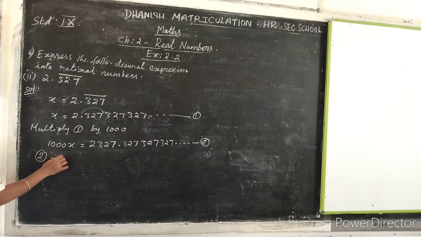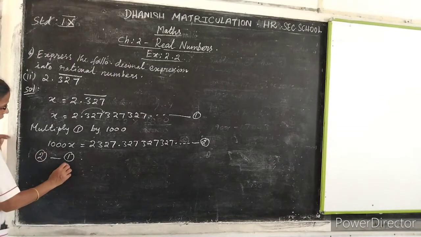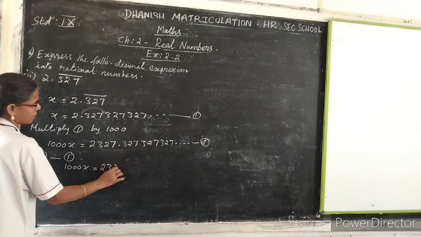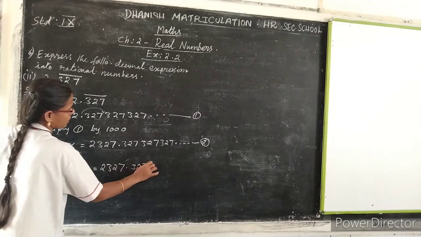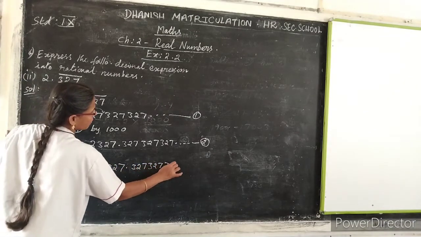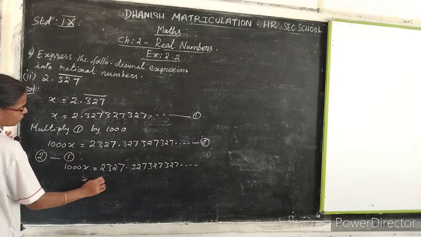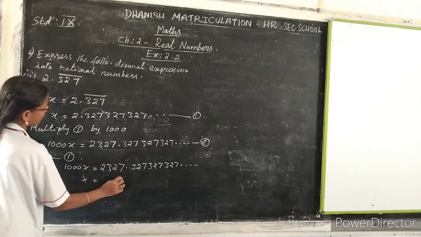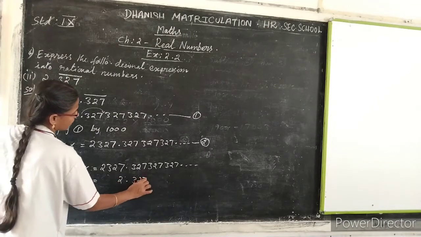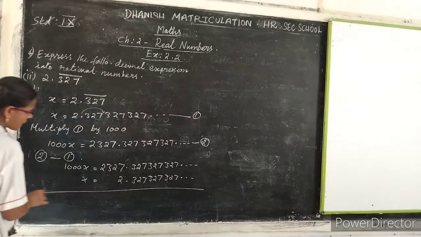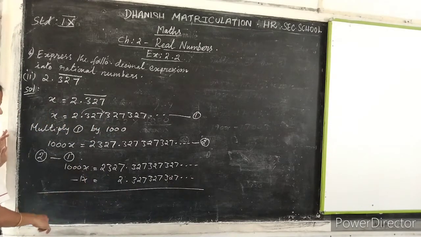The second equation is 1000x equal to 2327.327327 etc. The first equation is x is equal to 2.327327 etc. Now subtract: 1000x minus 1x is 999x.